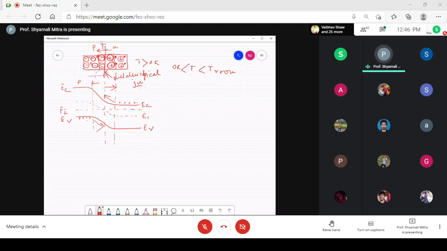If you remember the Fermi-Dirac distribution for holes, this is actually upside down. If we are drawing this energy band diagram for electrons, then for holes it is just reverse. Yes, you can remember that 1 minus F. So it is just reverse.